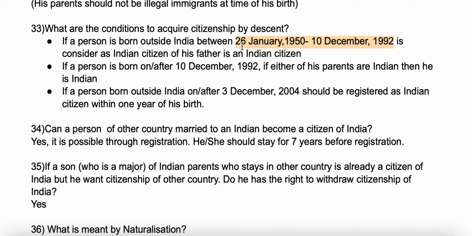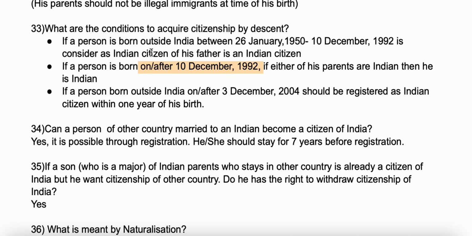Okay, see, if I am born between 26 January 1950 to 10th December 1992, then if my father is an Indian citizen, if I am born in America, still my father is an Indian citizen, then I will get Indian citizenship. Okay, and next condition is, if a person is born on or after 10th December 1992, if either of his parents are Indians, then he is an Indian.